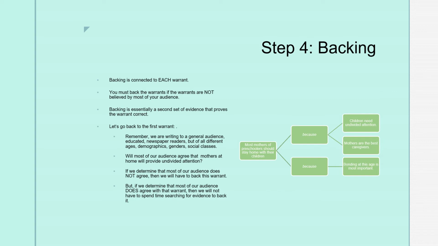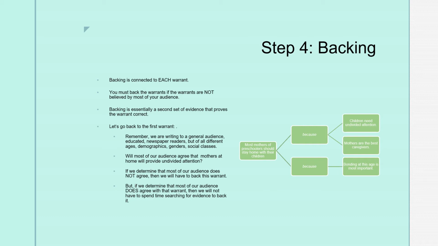Okay, we're now on step 4 of the Toulmin model, which is called backing. Backing is connected to each warrant, like I said in the prior slide. And you must back the warrants if the warrants are not believed by most of your audience. So backing is essentially a second set of evidence that proves the warrant correct.